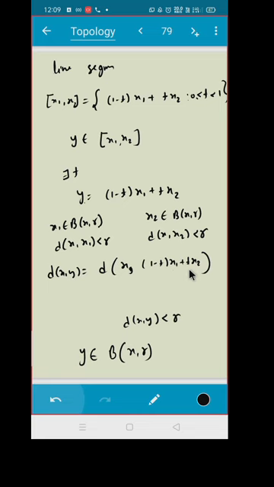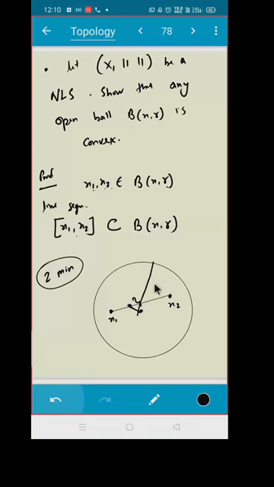Sir, your screen is stuck. Okay, let me check. You have to show this distance is less than this r. This is what you have to say. Can you see the screen now? Yes, sir.